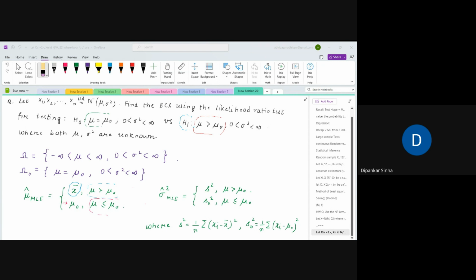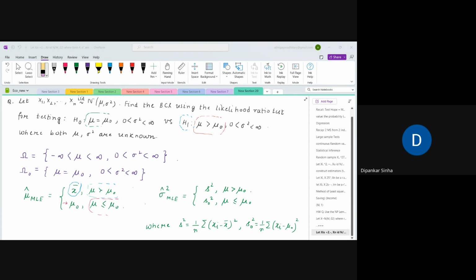Sir, just one more thing. Why haven't you written mu greater than mu naught here, and instead you just wrote minus infinity less than mu less than infinity? Once more, Dipankar, where?